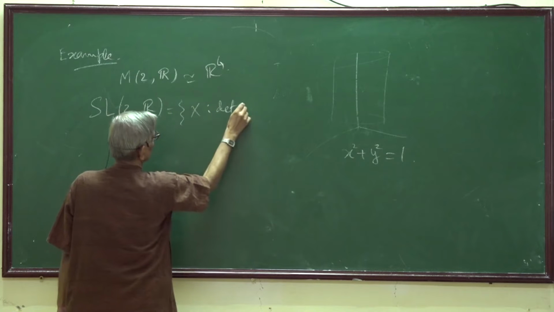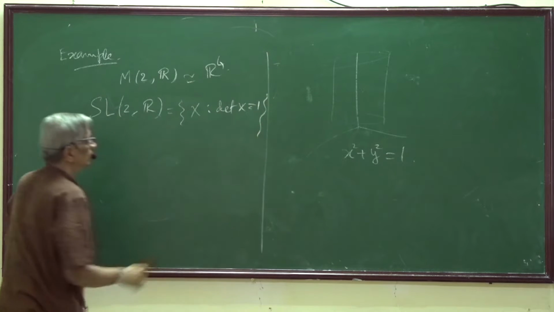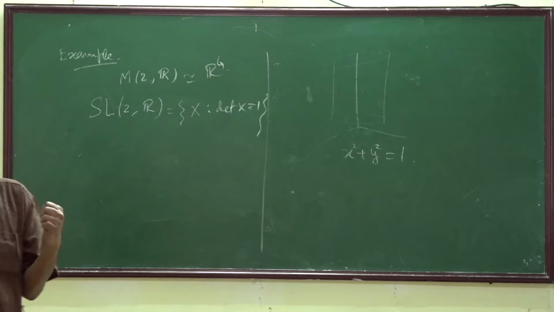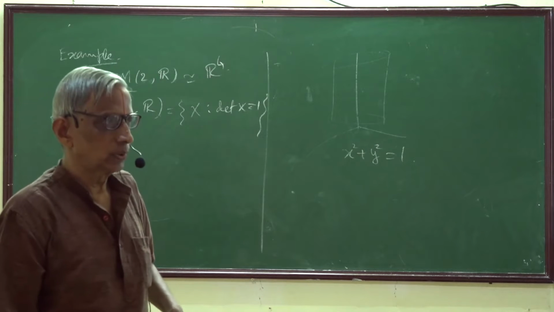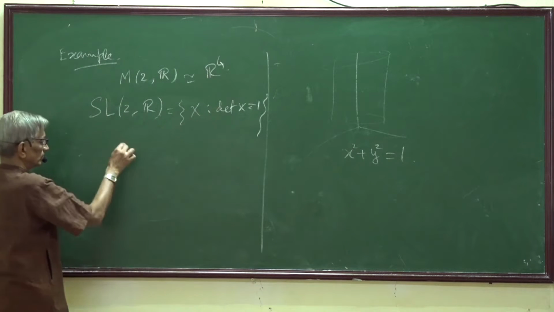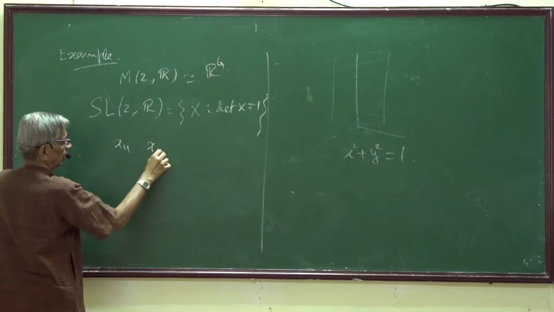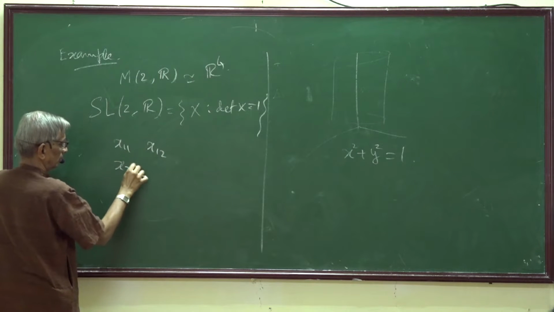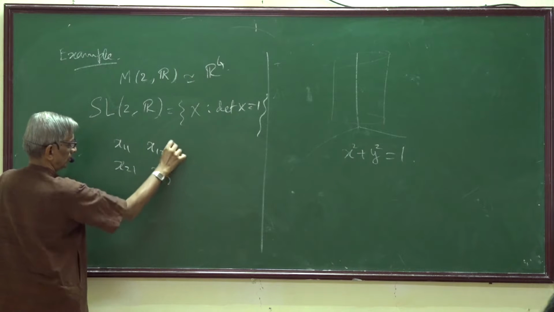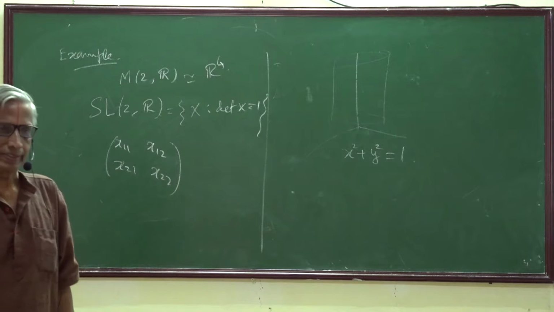Look at X here. Determinant is equal to 1. So, okay, let us write a 2 by 2. So, x11. So, this is a matrix.